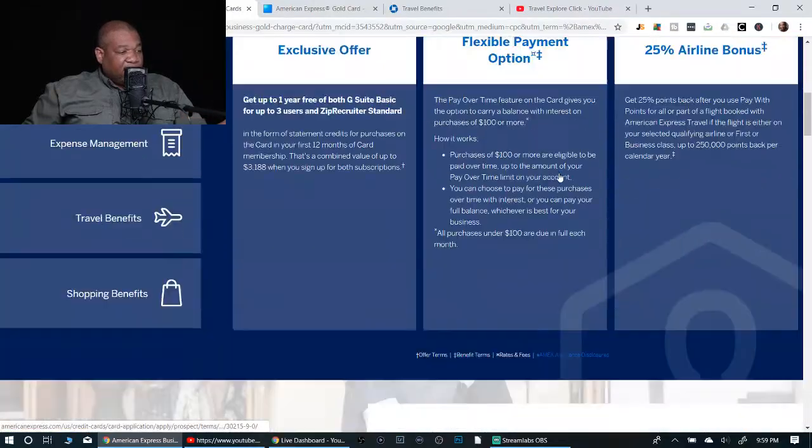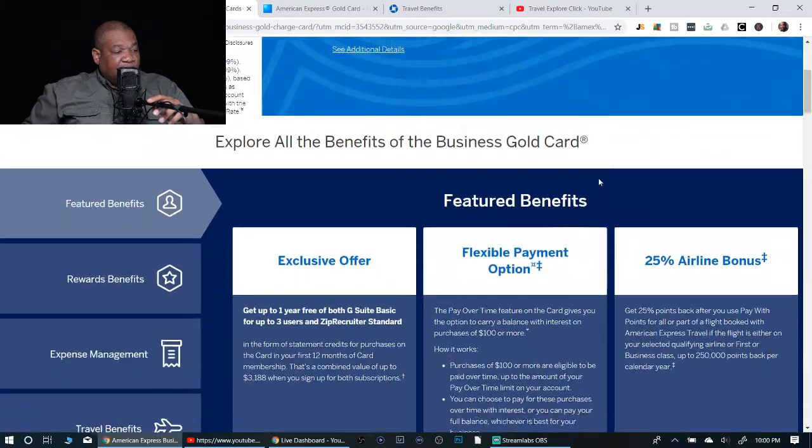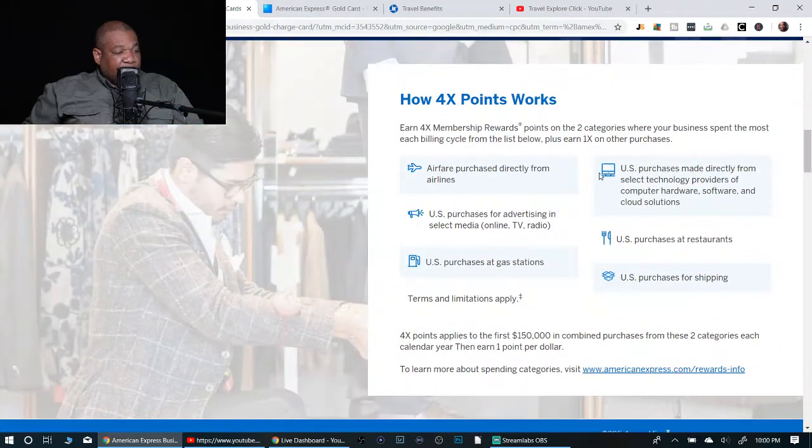Would I get this one over the Amex Gold, the regular personal card? Probably not. I'm good with what the other card is offering, and like I said, with the categories, it's one of these six categories. So I didn't see on here anything about supermarkets.